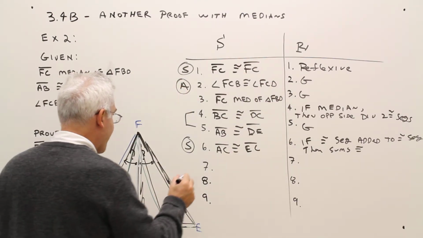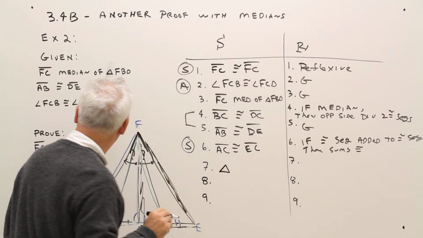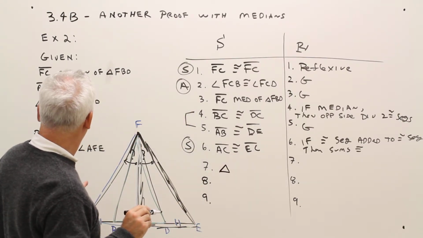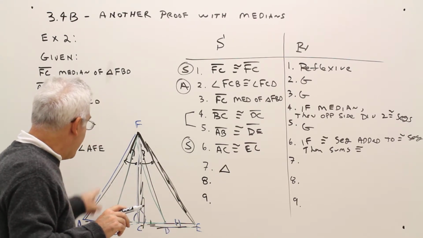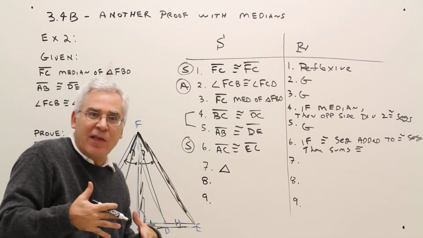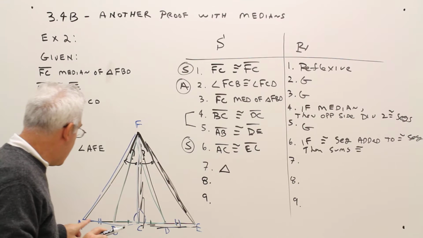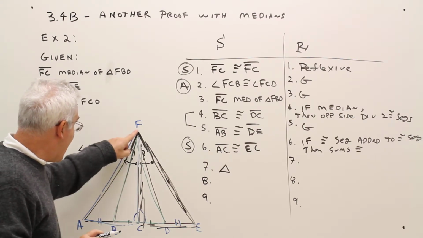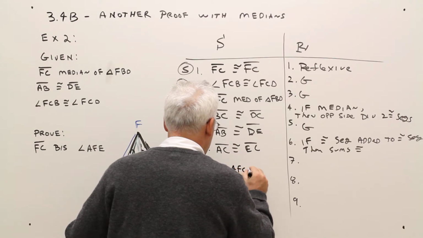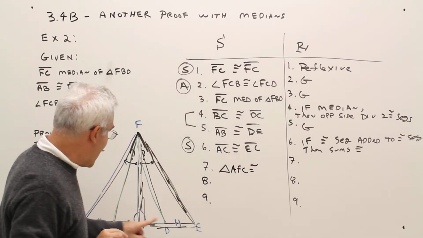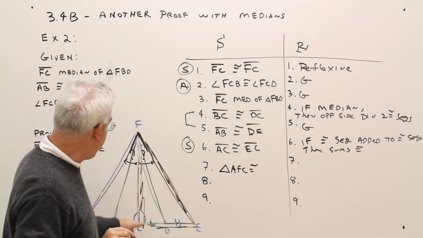All right, so now triangle. I'm trying to get these angles here. Sometimes what I do is I'll label my triangle such that it matches that angle I'm looking for. Let me show you. So I'll call it triangle AFC. Once I say AFC, I'm stuck with EFC.